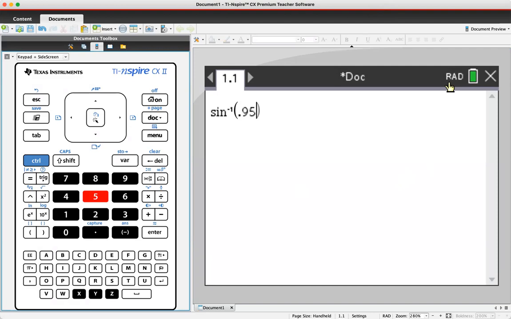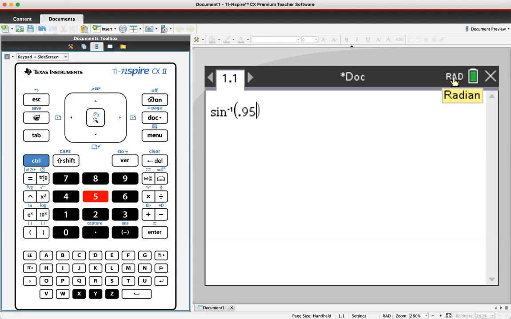And right now, this calculator is set with the angles in radians. When you use inverse trig functions, the angles will always be determined by the mode of your calculator. Unlike when we found trig ratios given an angle, where we could force the angle to be in the units we wanted, for inverse trig functions we have to set the proper mode.